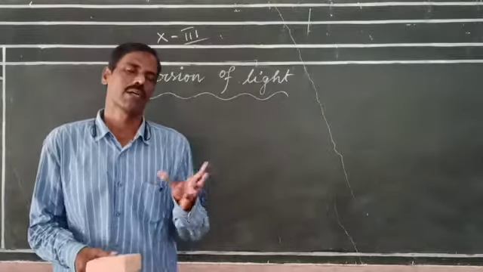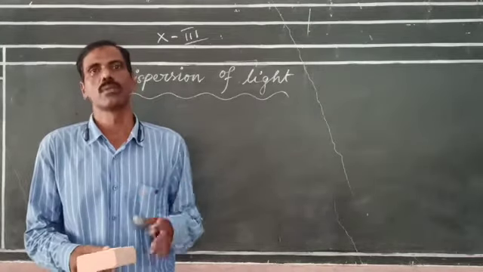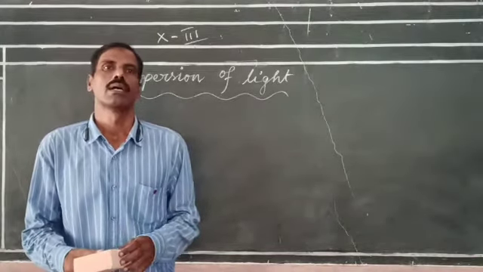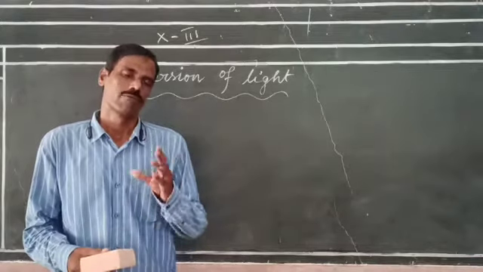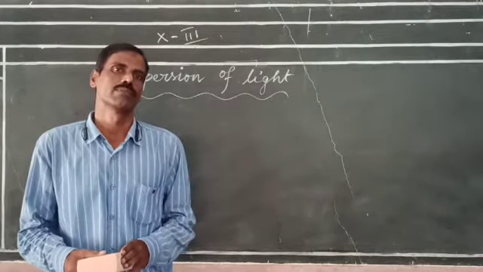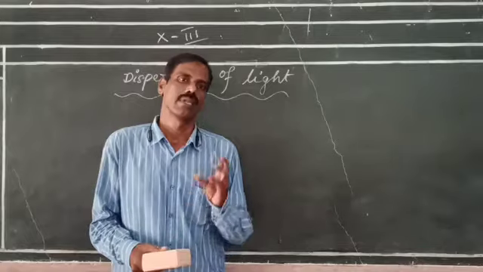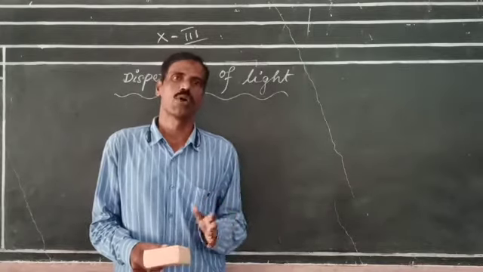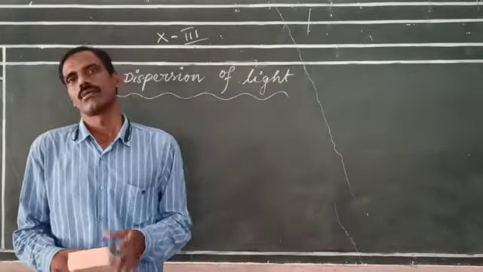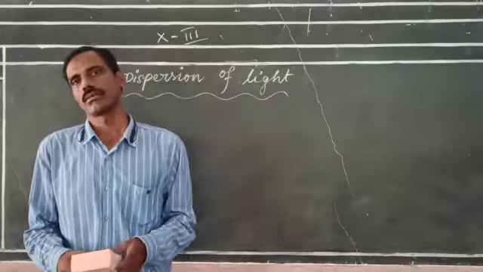Generally, you might have observed a rainbow on a rainy day. Where will you observe the rainbow? Generally, if the rain occurs in the morning, then we will observe the rainbow on the west side. If the rain occurs in the evening, then the rainbow is observed on the east side.